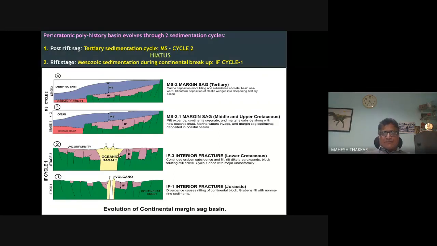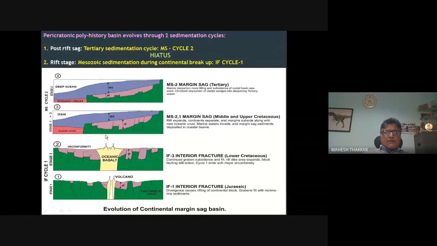So it is a rift cycle, and this is actually the open marine cycle. We call it the Tertiary sedimentation cycle or marine sag cycle. The marine sag cycle is overlapping the interior fracture cycle.